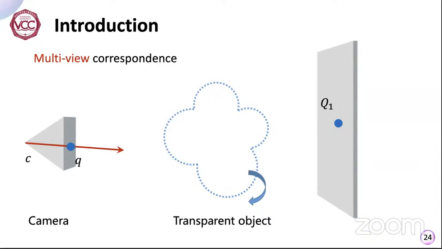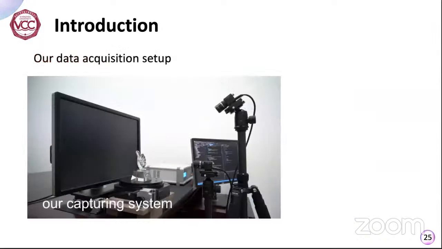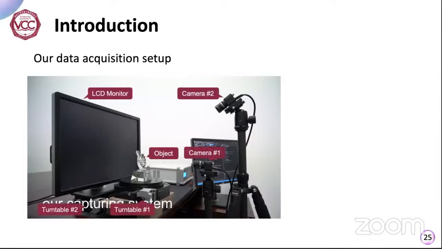As I just mentioned, these two reference points and the multi-view data are important to eliminate this depth-normal ambiguity. So based on all this knowledge, we built our own automatic capturing setup. By positioning these transparent objects on this turntable, this object will be rotated and observed at different view angles with respect to the camera.